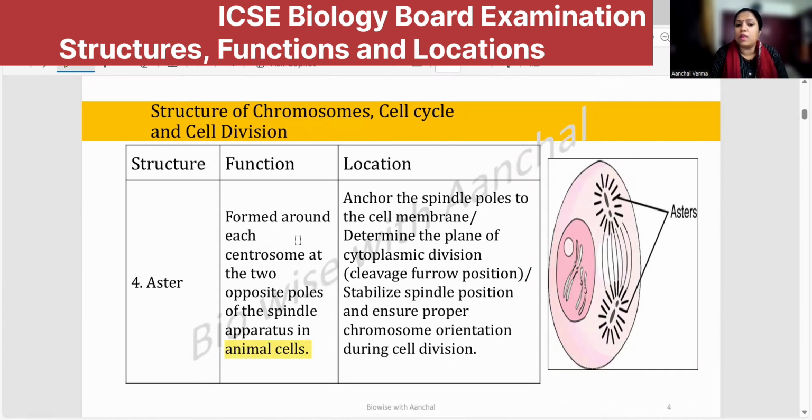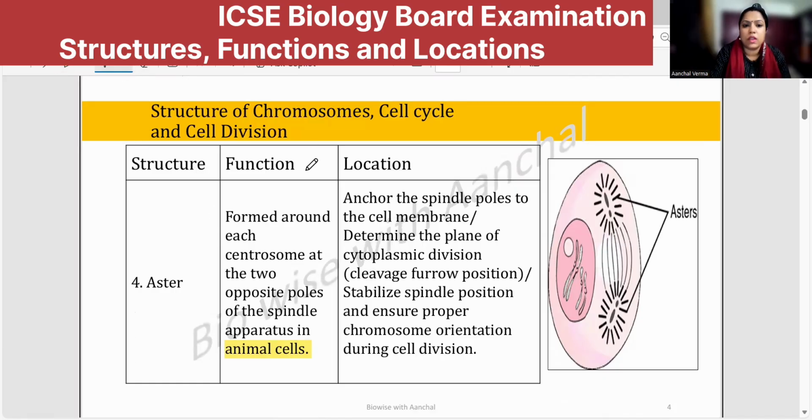So here, formed around each centrosome at the pole of the spindle apparatus in the animal cell and anchors the spindle poles. I think the things are swapped. It should be the function and it should be the location. Okay, now here is the location written and here is the function written.